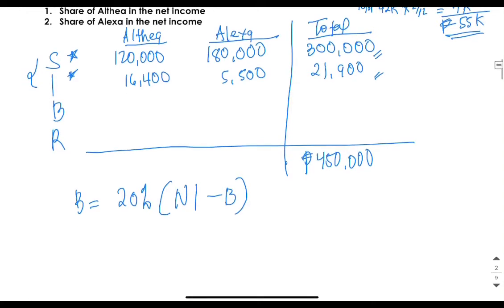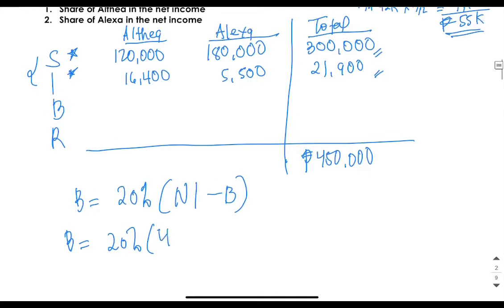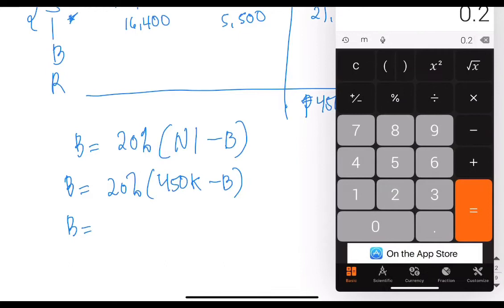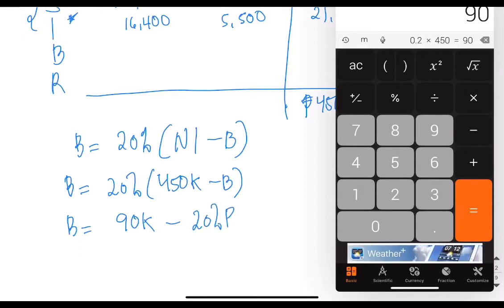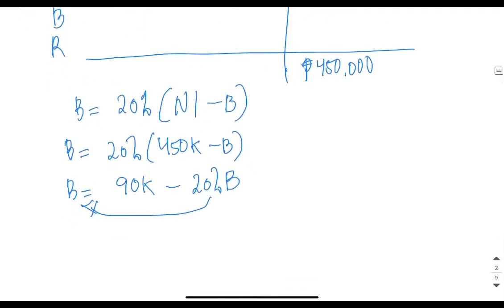Okay, so bonus will be 20% times 450,000 less bonus. Okay, so algebra. So bonus is equal to 20% times 450, that is 90,000, minus 20% of B. Okay, so transpose all figures with variables, so that will give you positive.